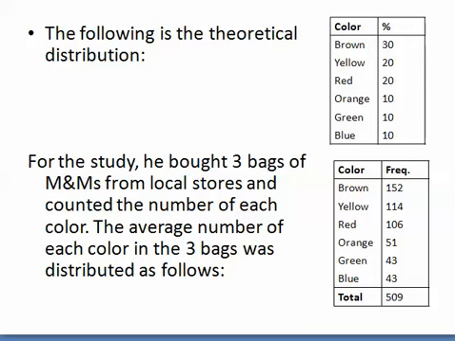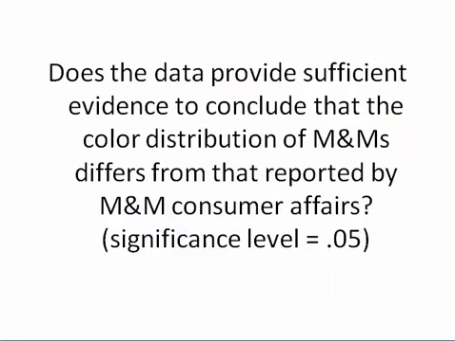For the study, he bought 3 bags of M&Ms from the local stores and counted the number of each color. The average number of each color in 3 bags was distributed as follows. Does the data provide sufficient evidence to conclude that the color distribution of M&Ms differs from that reported by M&M Consumer Affairs?